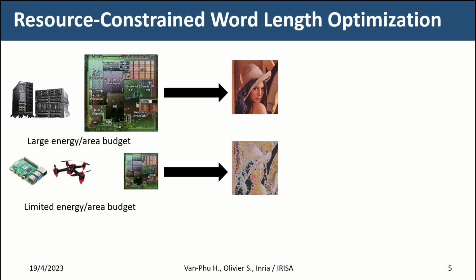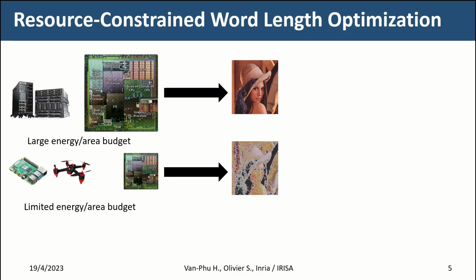So resource-constrained architecture can present a significant challenge for achieving high computing accuracy. For example, IoT devices may struggle to produce high quality output due to the limited energy or area budgets, while a high-performance computing system like the servers with a larger cost budget can handle the task with ease to produce a high-quality output.